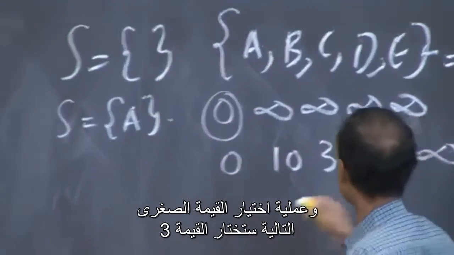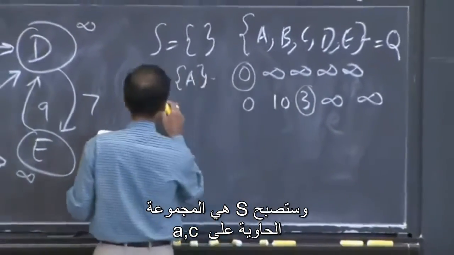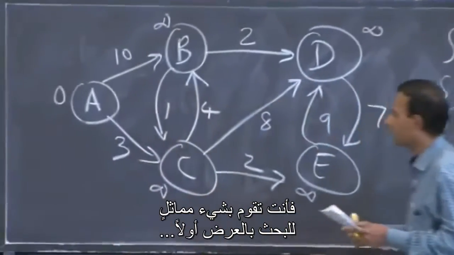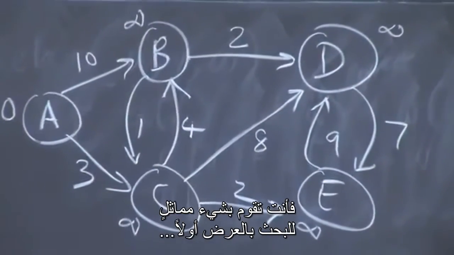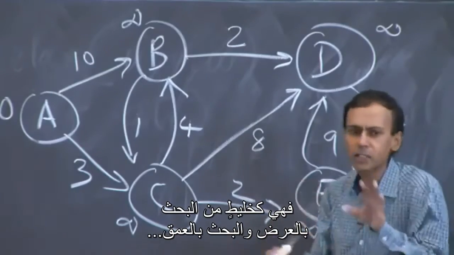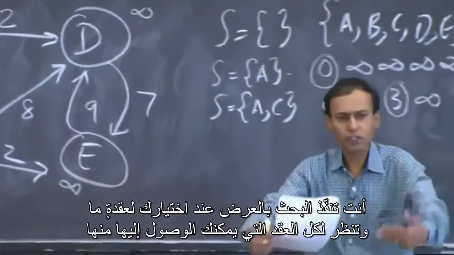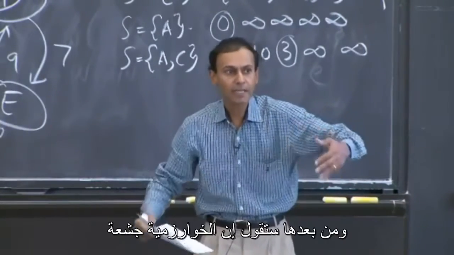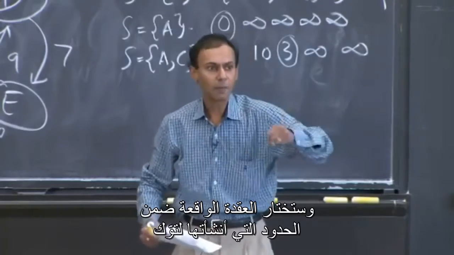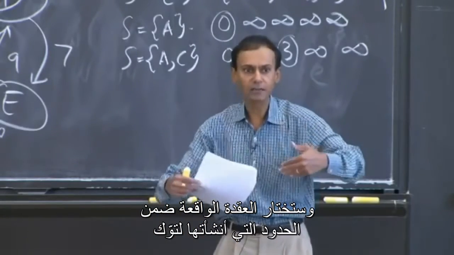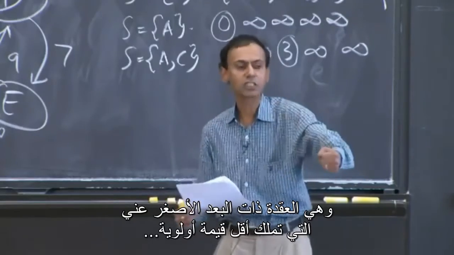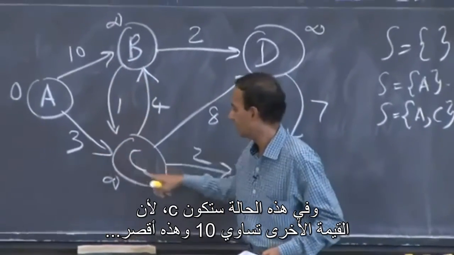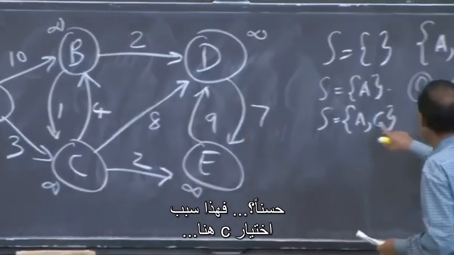The next extract min selects 3, and you set S to be A, C. So you're doing kind of a breadth first search, but you're being greedy. It's sort of a mixed breadth first, depth first search. You do a breadth first search from a particular vertex, looking at all the vertices you can reach from it. Then you say, I'm a greedy algorithm: I'm going to pick the vertex in this frontier that is the shortest distance away, that has the lowest priority value. In this case it would be C, because this other one is 10, and this is shorter. That's why we pick C.